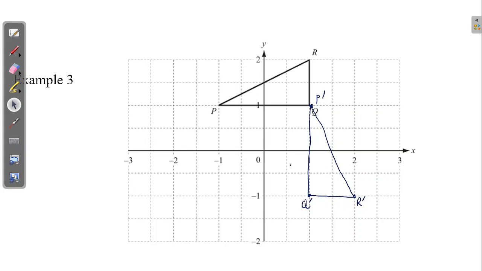Now when I plot the line y equal to -x, the line goes like this. So if x is, let's say, 1, y will be -1.